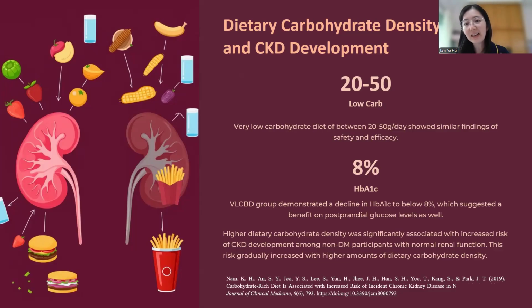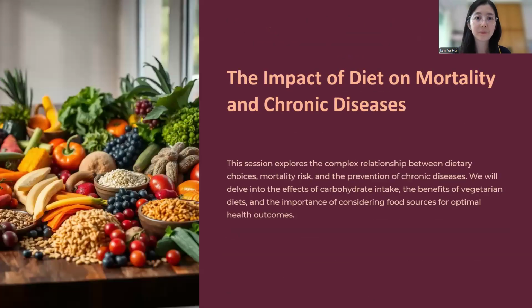However, I must highlight here that the protein is actually plant-based protein, like beans, eggs, nuts, seeds, and the unrefined carbs are like grains, legumes, vegetables, and fruits. Okay, then only can you go for these very low carbs if you have kidney problems.